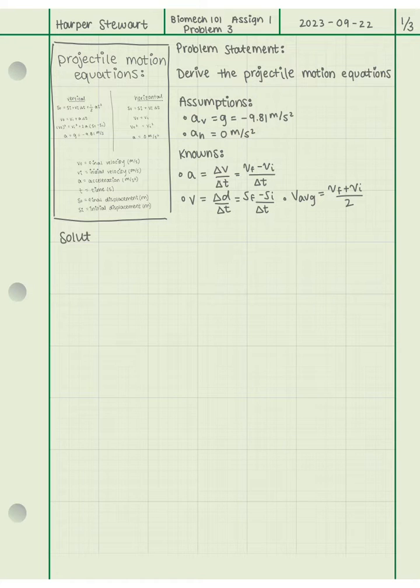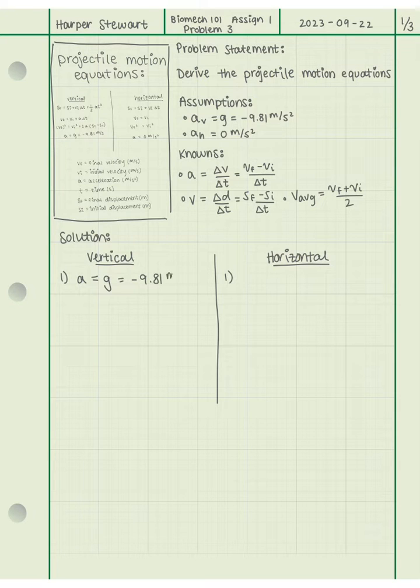Now we're ready to start deriving these equations in the vertical and horizontal direction. The acceleration in the vertical direction is equal to gravity, so basically a force is being applied to the projectile in the air. In the horizontal, the acceleration is equal to 0 because no force is being applied in the horizontal direction.